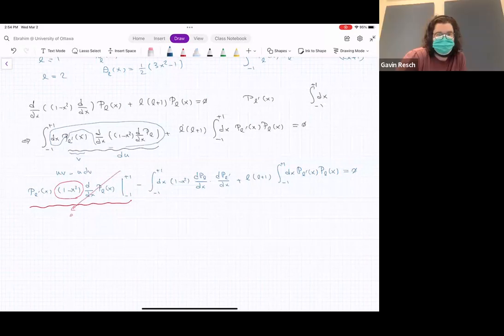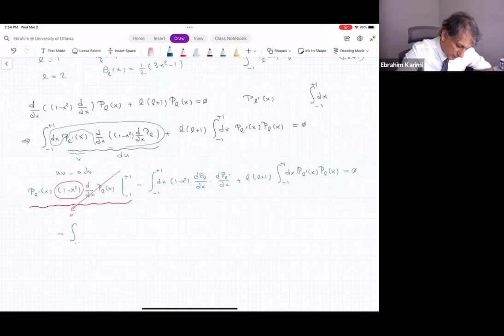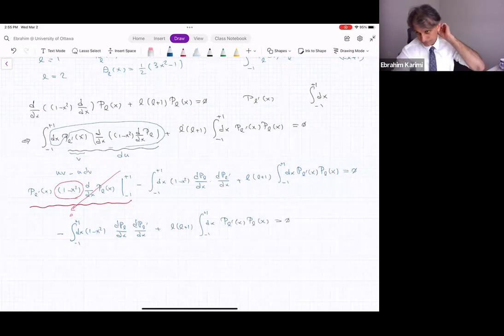Then what we will get is minus the integral from minus 1 to plus 1 of dx (1 minus x squared) dP_L/dx dP_L'/dx plus L(L plus 1) times the integral from minus 1 to plus 1 of dx P_L(x) P_L'(x) equal to 0. All right.